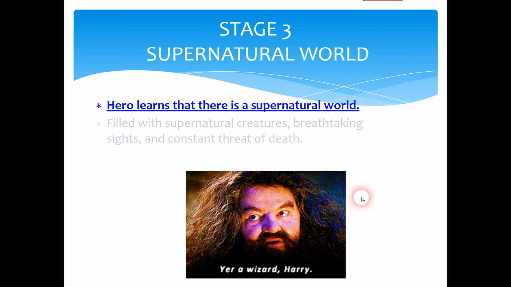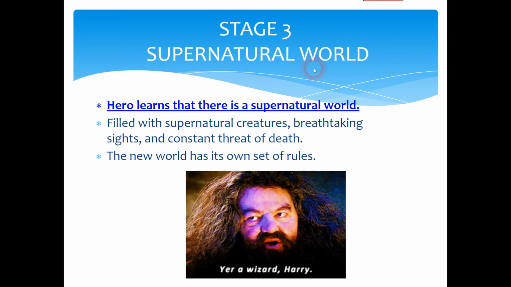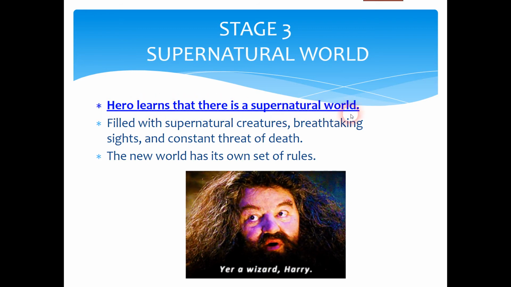3. The supernatural world. The word supernatural means something that can't happen normally. Magic or powers, superpowers. In the hero's journey stories, there's always superpowers or magic. It's the only way I can describe it. So, if you need something additional to write down, our hero learns there is a supernatural world.